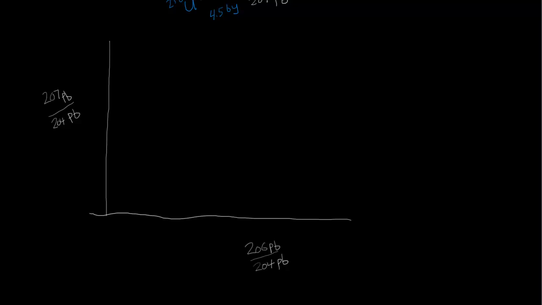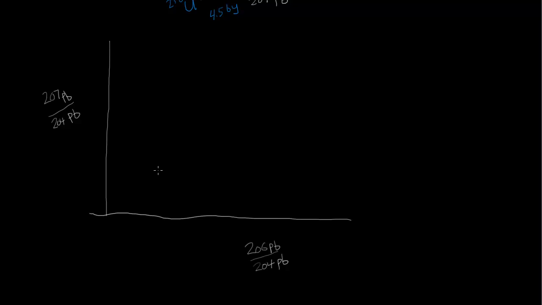And within that meteorite, he found some minerals called troilite, which formed at the same time as the core. But this particular mineral had virtually no uranium in it at all. So the uranium-lead ratio in this troilite was essentially 0. And therefore, its lead-207 and lead-206 compositions never changed throughout its history.